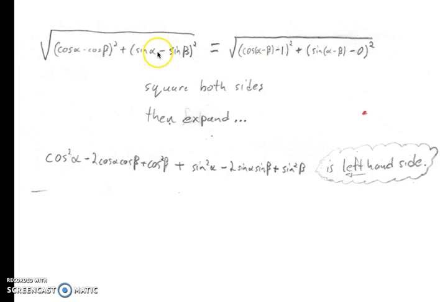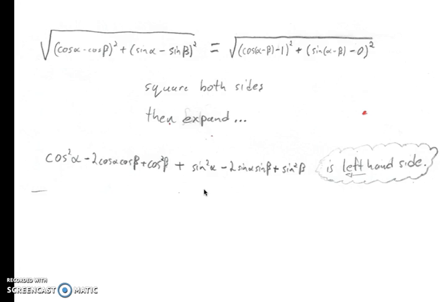So if the square root of this equals the square root of this, and both are always positive, then I can just take the radicals off and compare them with each other without the radicals.